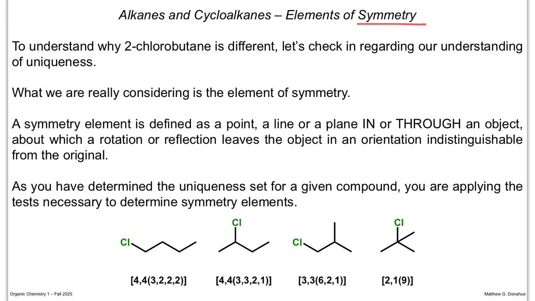If you slice me in half, my left and right sides mirror one another. So the mirror plane is orthogonal to this axis. If I chop myself this way, that's not a mirror plane. And the third one would be this way, so that's not a mirror plane as well.